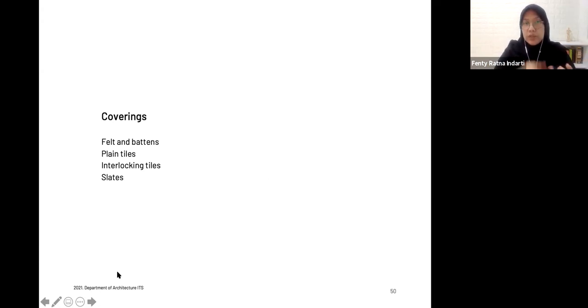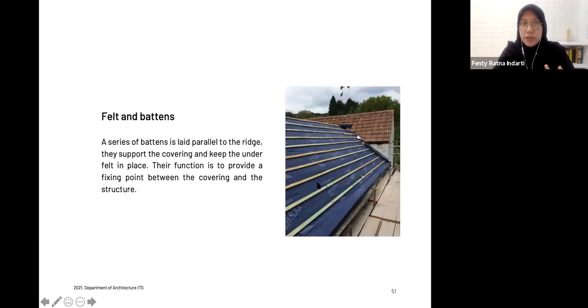So plain tiles, interlocking tiles, and also slates. First, felt and battens. Felt and battens are a series of battens, usually laid parallel to the ridge, and they support the covering and keep the underfelt in place.